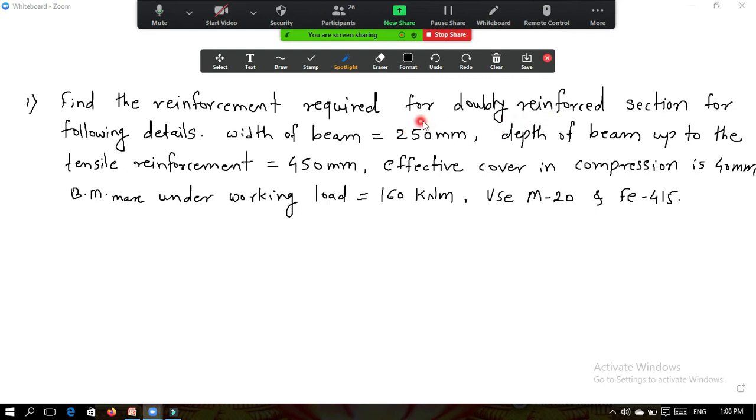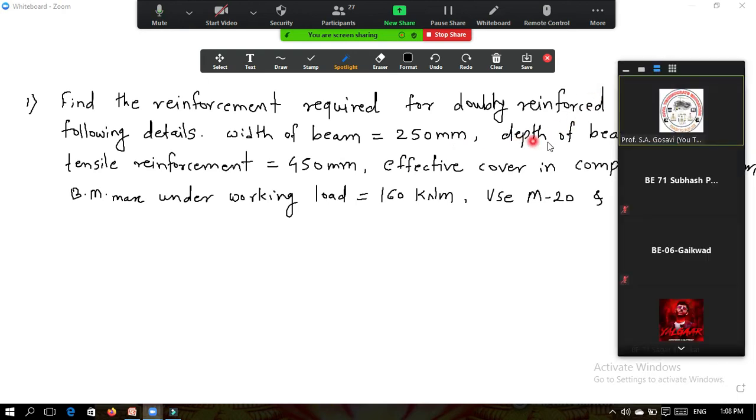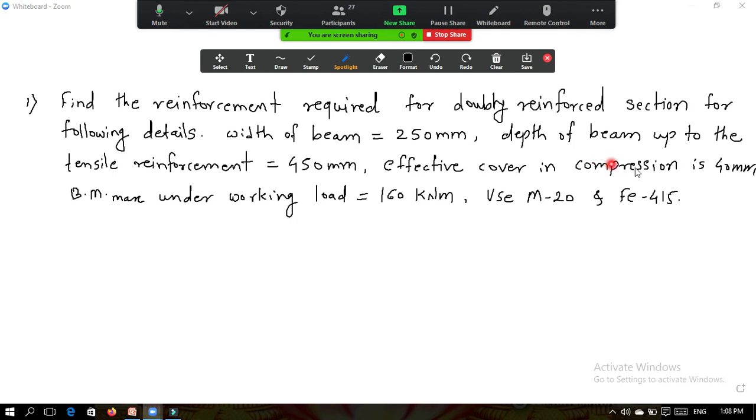Find the reinforcement required for the doubly reinforced section for the following details: width of beam is 250 mm, and depth of beam up to the tensile reinforcement is 450 mm. So here the effective depth is directly given to you. They haven't talked about overall depth.